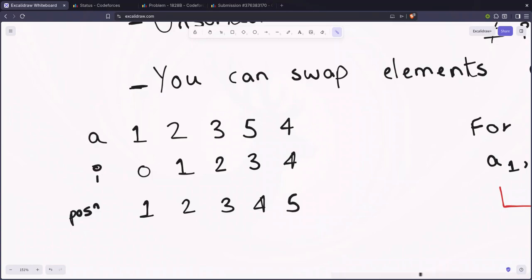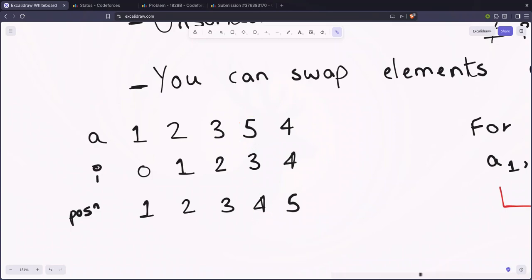These are the positions I've stated: 1, 2, 3, 4, 5. 1 is at position 1, 2 is at position 2, 3 is at position 3. But the number 5 is not at position 5, it is at position 4. As one of the indexes is not matching, this is an unsorted permutation, right?